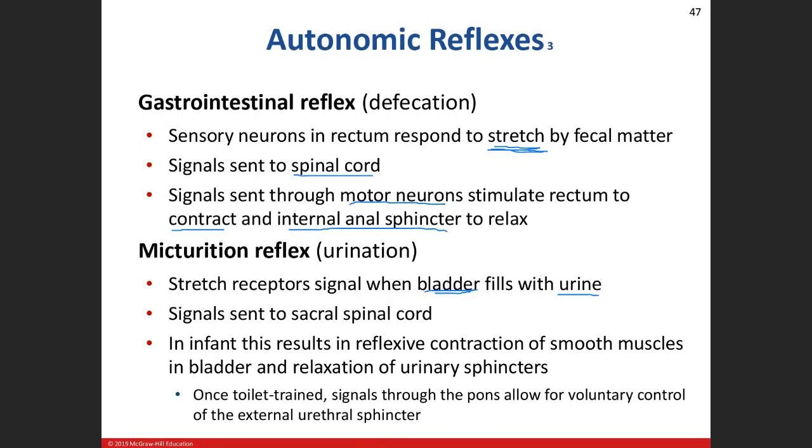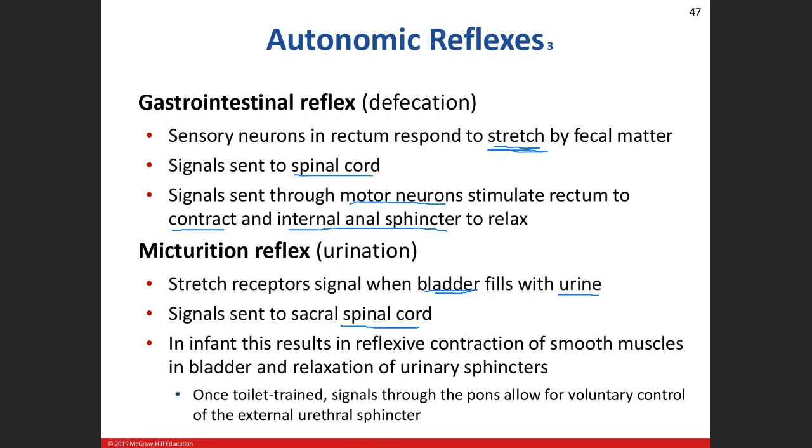So that sensory information again gets sent to the spinal cord. We're dealing with the spinal reflex. And what will happen is the motor output will descend from the spinal cord to the smooth muscles in the wall of the bladder, and that will start to contract.